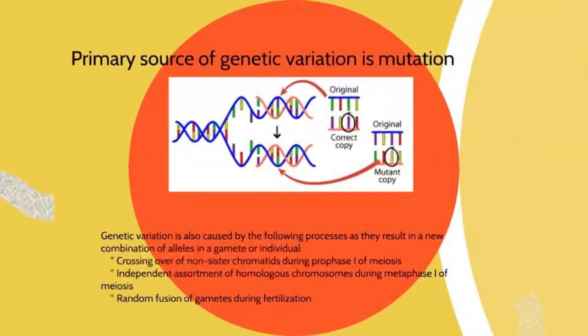So remember, an allele is just a variation of a gene. So it's a change to the original gene. The new allele may be advantageous, disadvantageous, or have no effect on the phenotype at all. So new alleles are not always seen in the individual that they first occur in.